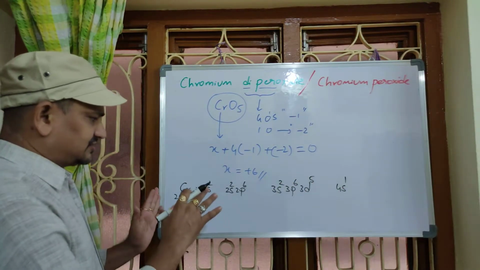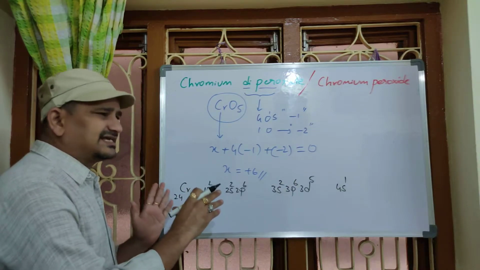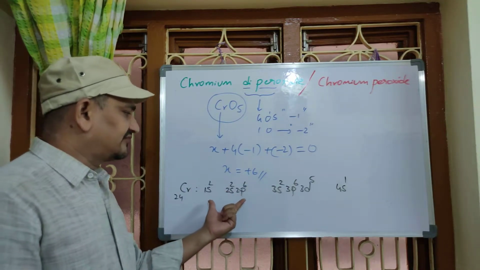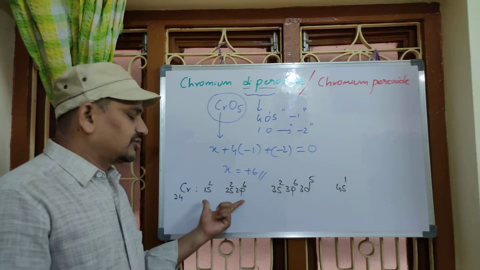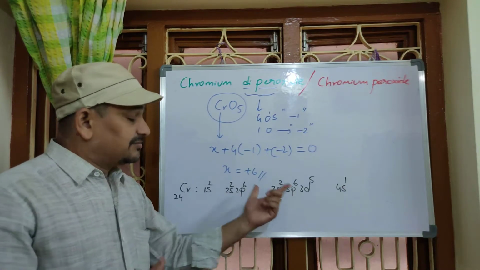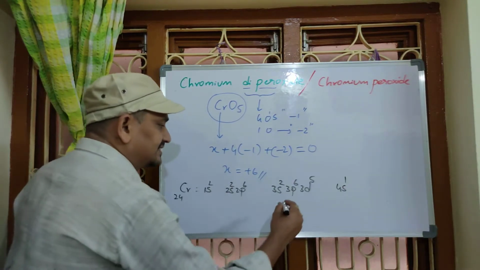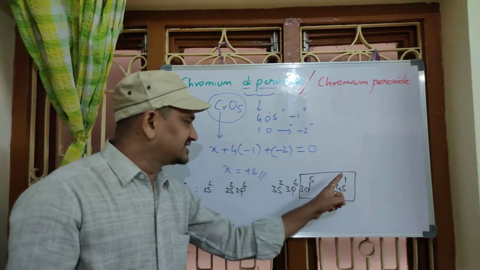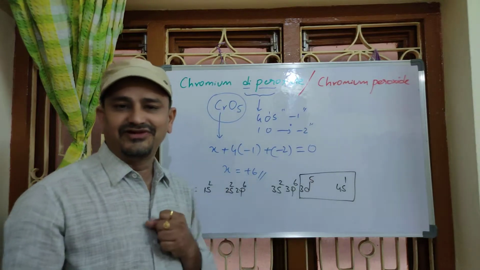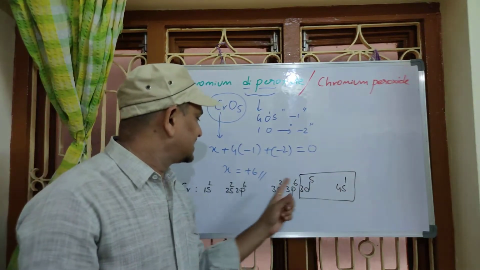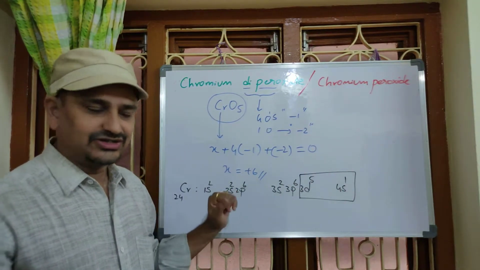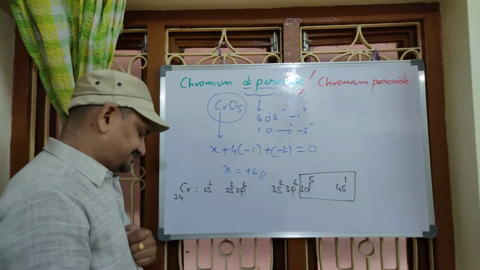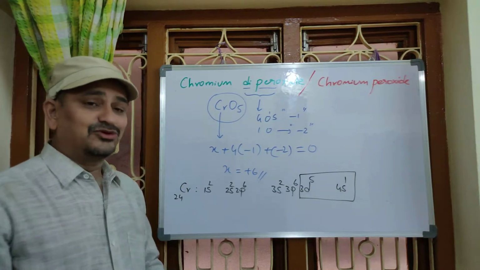In some boards, this sort of configuration might not have been taught. But now you are going to learn. Don't worry. See, chromium actually utilizes these 6 electrons, this 1 electron and these 5 electrons. Those 6 electrons are lost. +6. Understood?